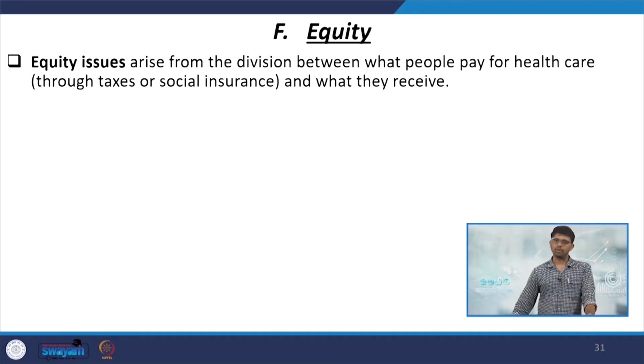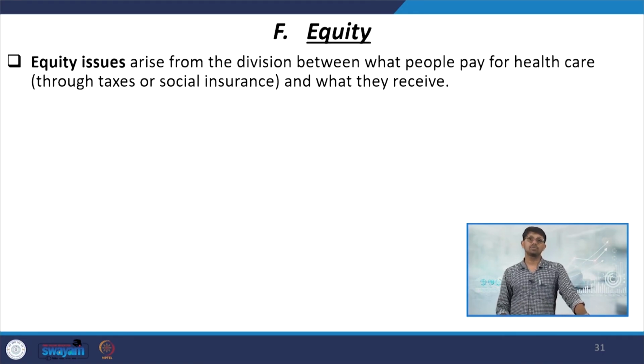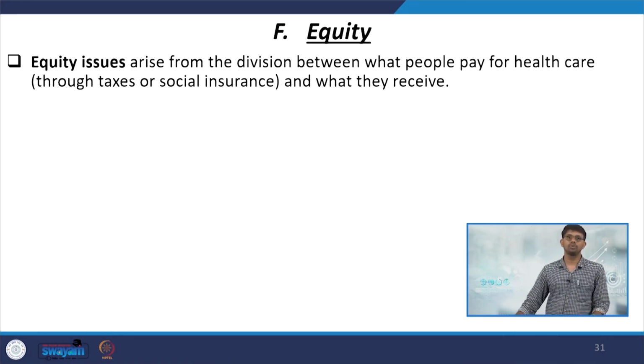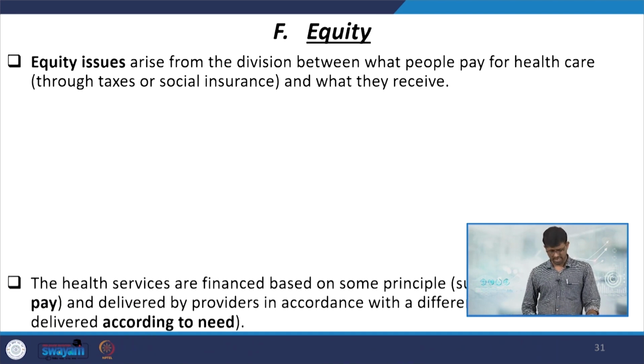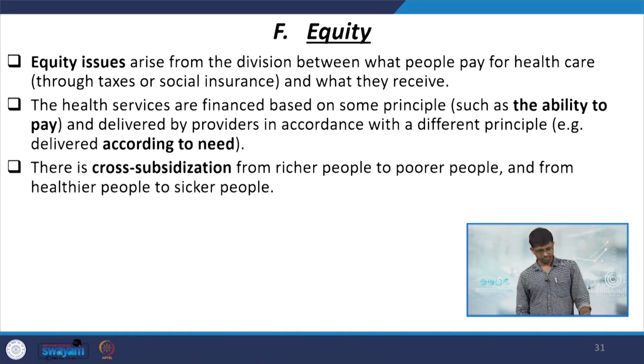Now, we are discussing equity. Equity is also part of the assessment. Equity issues arise from the division between what people pay for healthcare and what they actually receive. That payment may be through taxes and health insurance, and it depends on the ability to pay and whether the delivery is actually according to need.